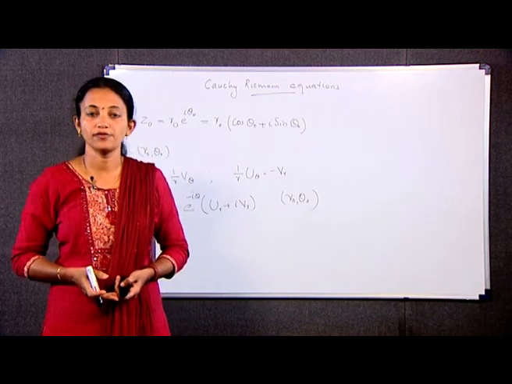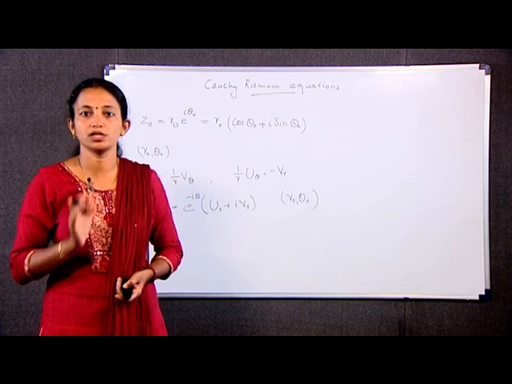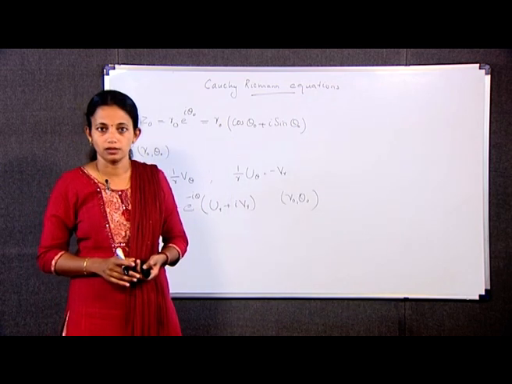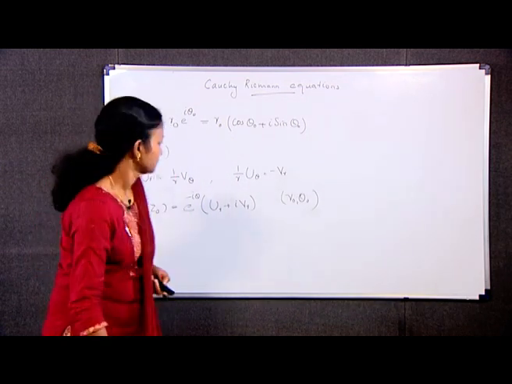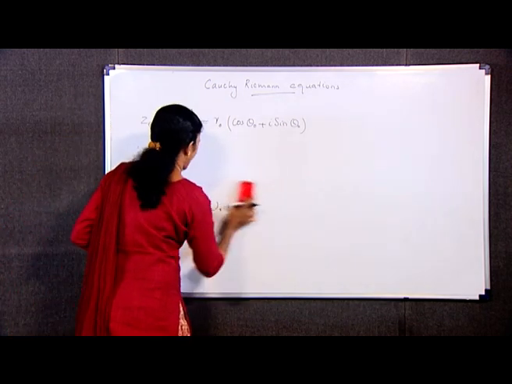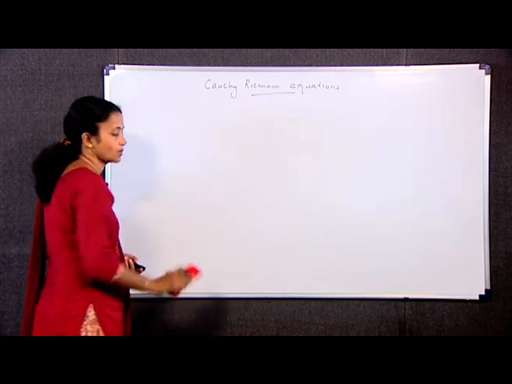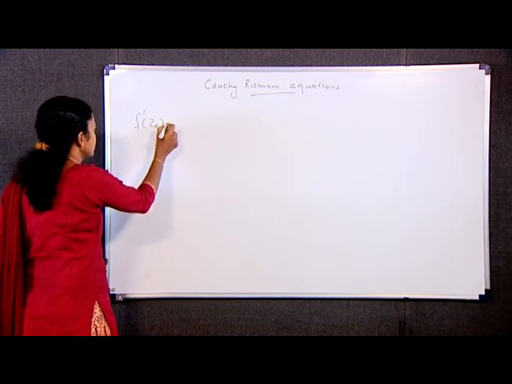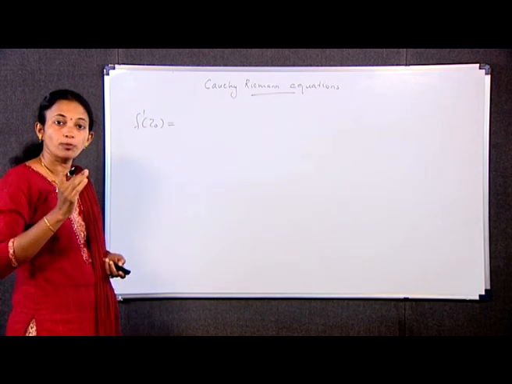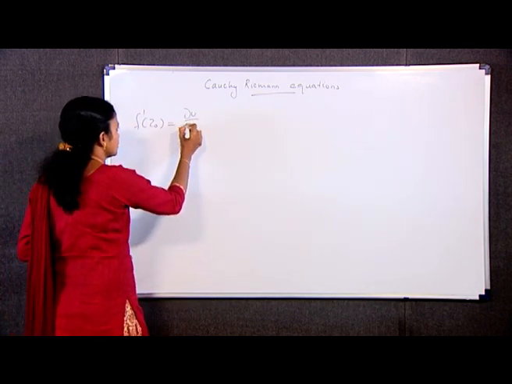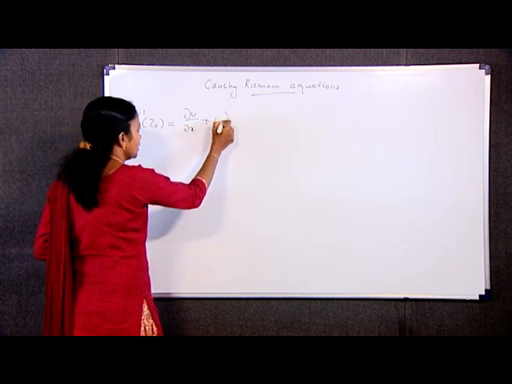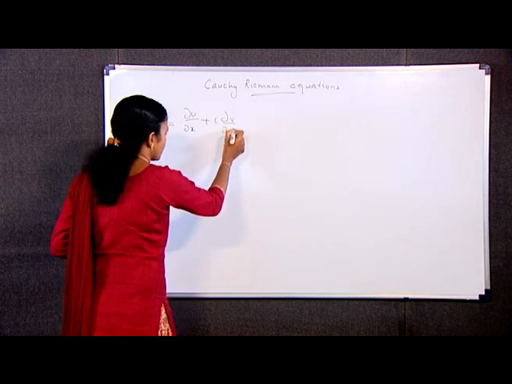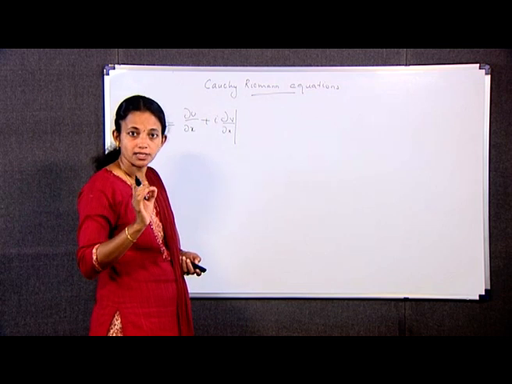We now derive the formula for derivative mentioned in the above theorem. To find the derivative of f z at the point z naught, we proceed as follows. That is, f dash z naught is equal to dou u by dou x plus i into dou v by dou x at the point z naught is equal to x naught y naught.